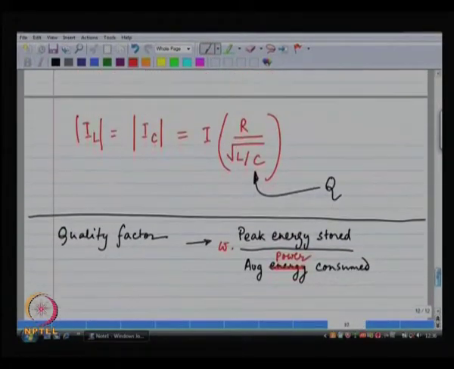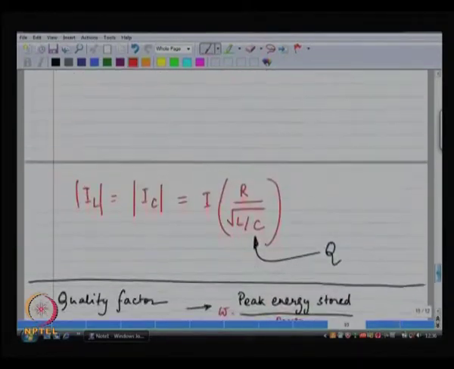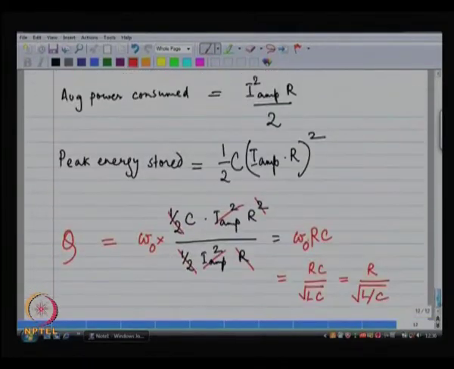The quality factor at a given frequency is the omega times the peak energy that is stored divided by the average power that is consumed. Okay. Now, with this in the background, can we now look at series RLC circuits?